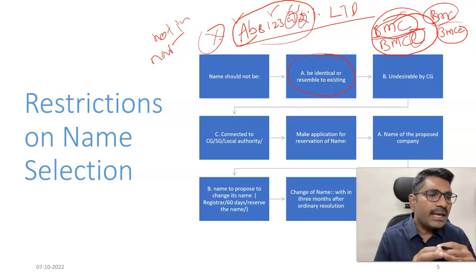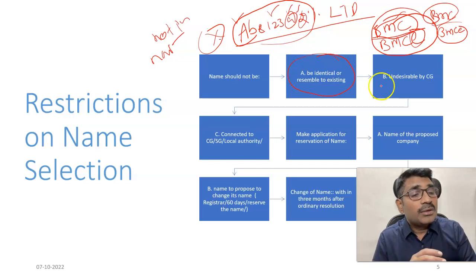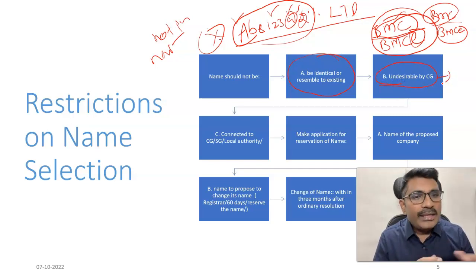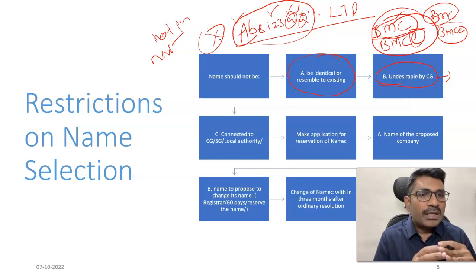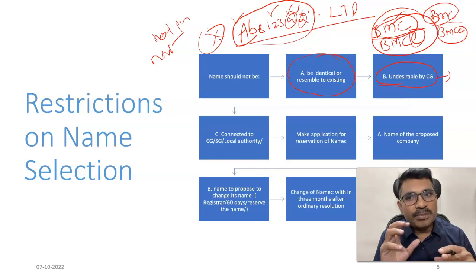The other one is that the name should not be an undesirable name according to the central government. Undesirable names are notified by the central government from time to time, which always represent the nationality and the name of a particular state.